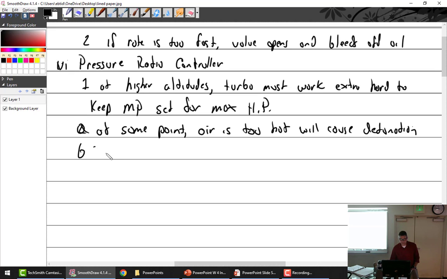This is a B. The pressure ratio controller, PRC, will keep this from happening.